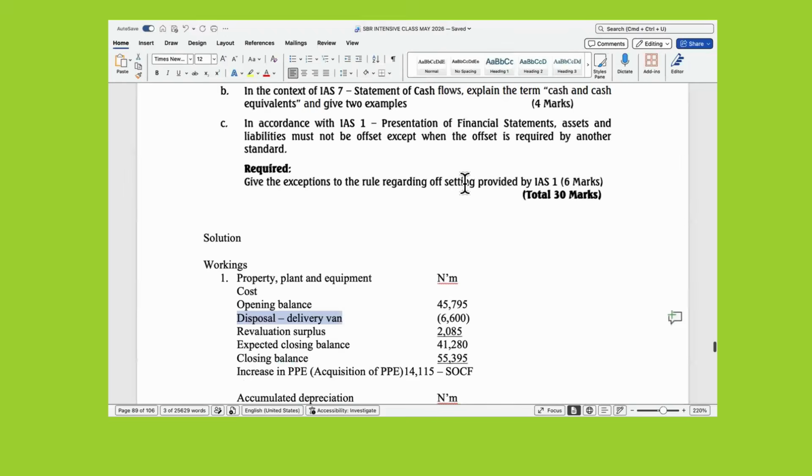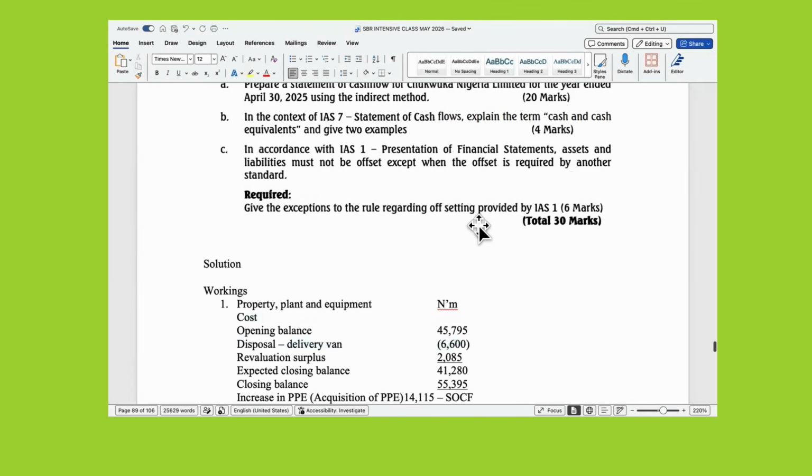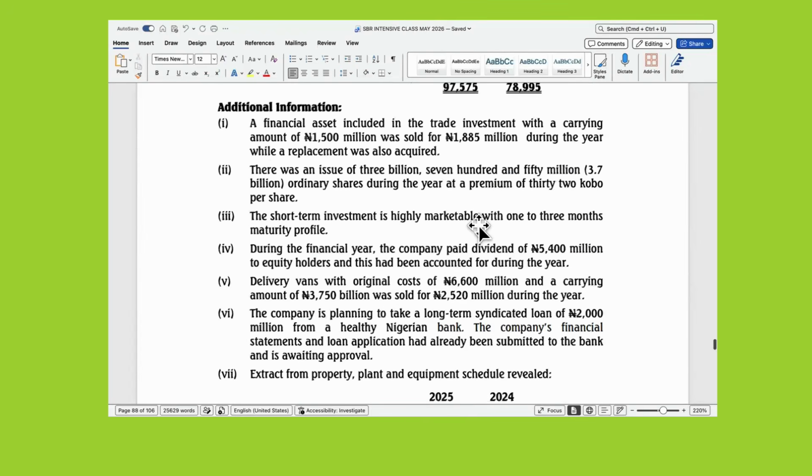It's always at cost. And since I'm working with costs, this is the opening cost. So what I need here is the cost of the asset that was disposed. And that was the only thing they told me in this additional information. They didn't tell me that they bought any additional asset, so that will not come into play at all.